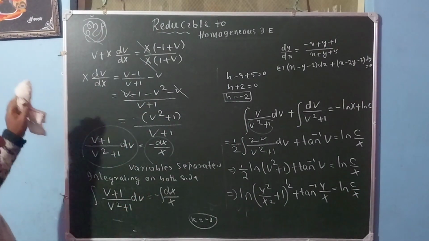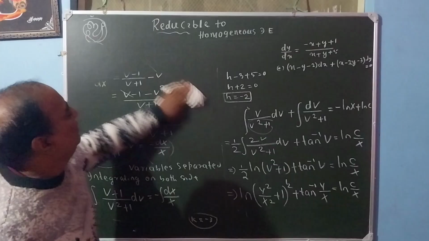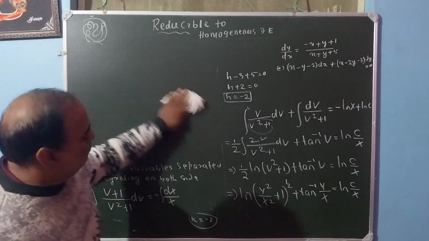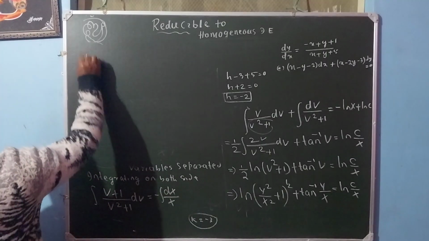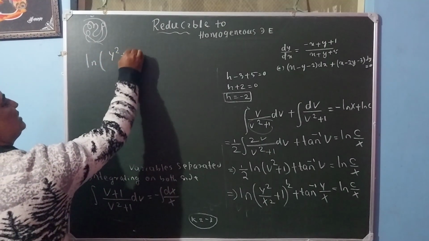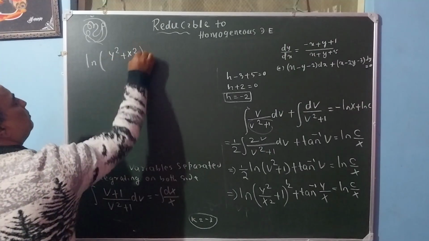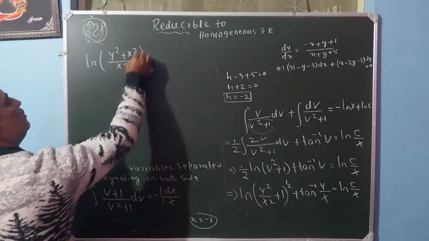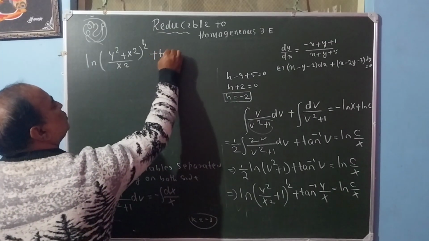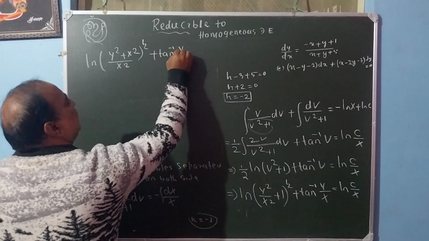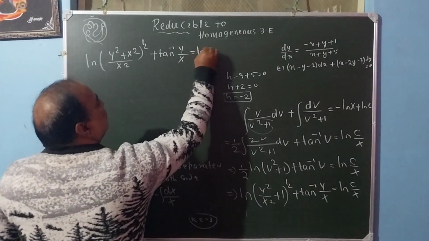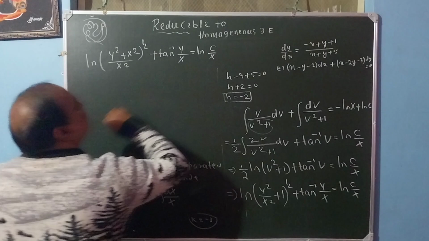Now simplifying, after simplification we get ln ((y square plus x square) by x square) to the power half, plus tan inverse capital Y by capital X, is equal to ln c by x.